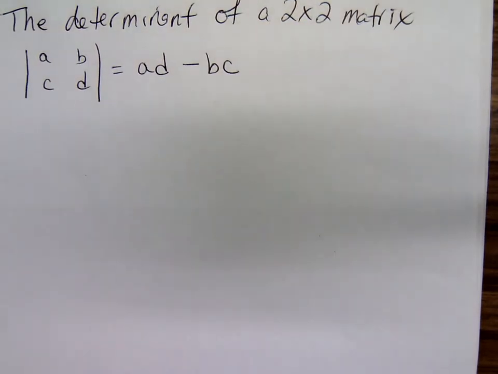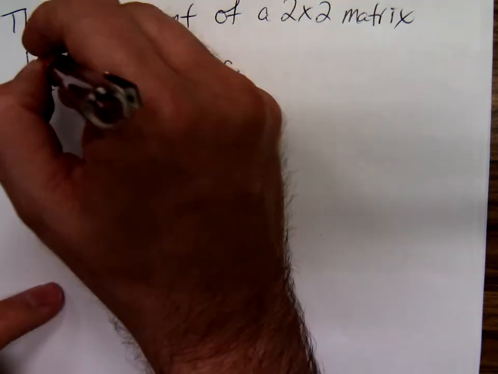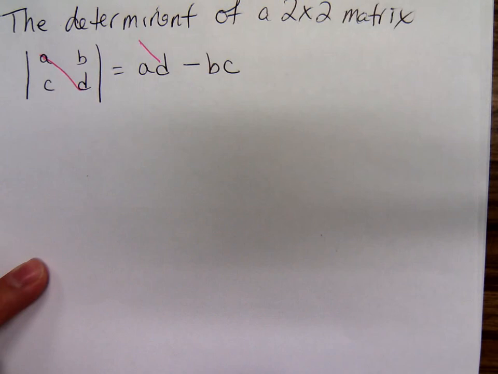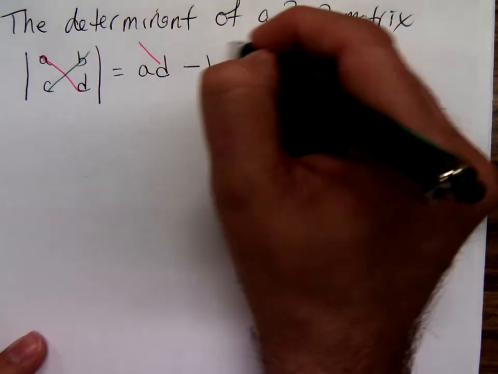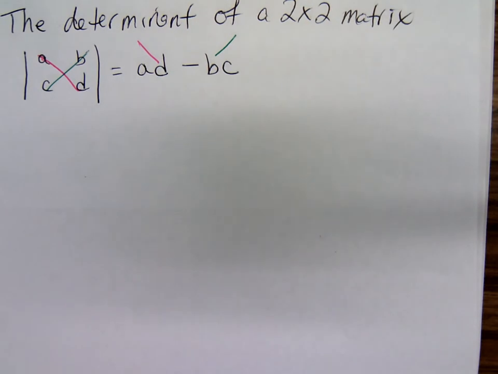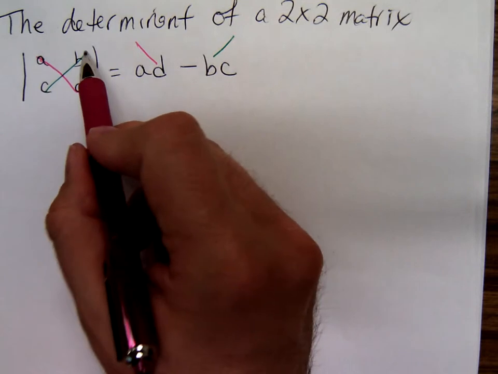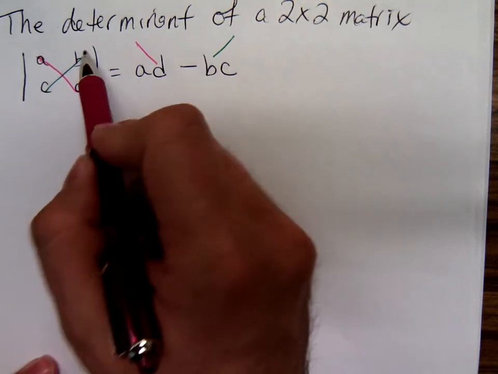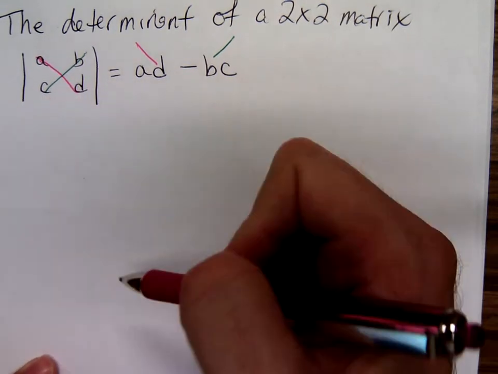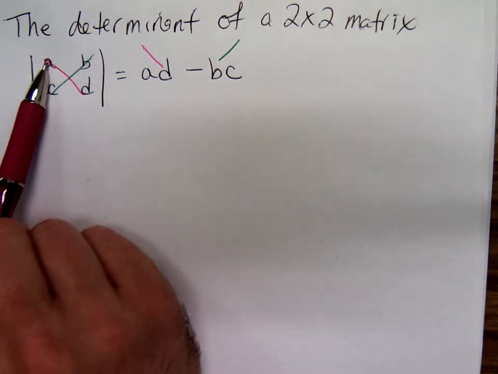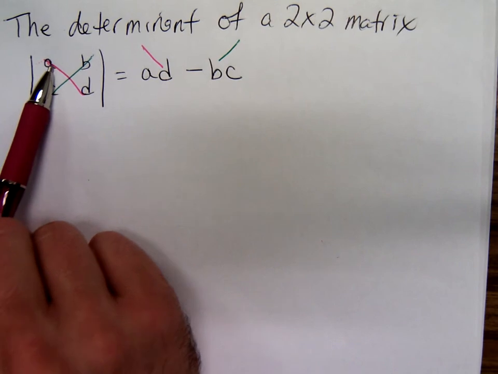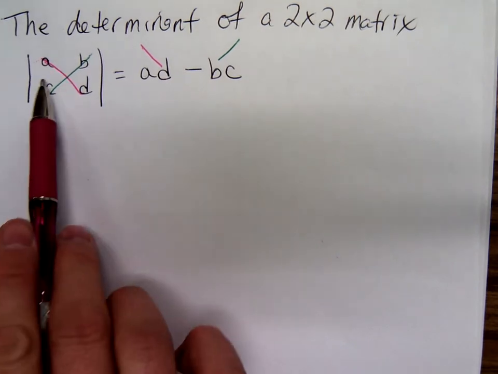So they're doing a little cross multiplying. This is called crisscross. A times D minus B times C. It's going to be important when you're doing these that you always start with A times D. Sometimes students want to go like this first. They'll do BC minus AD. No. When you start this, you must start with the first number in the matrix. Someone asks you, what's the first number up there? Wouldn't you say this one right here?